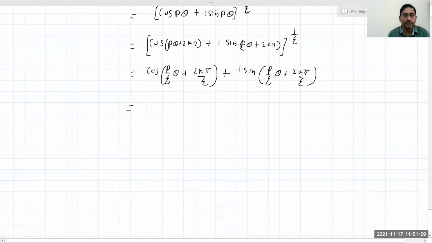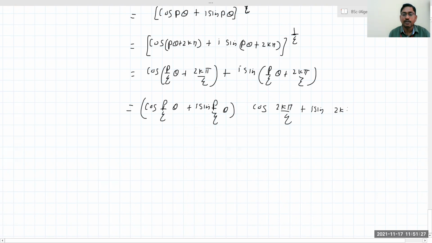So if you think on this, cos of p by q theta plus i sin p upon q theta is multiplied to cos of 2k pi by q plus i sin 2k pi by q.